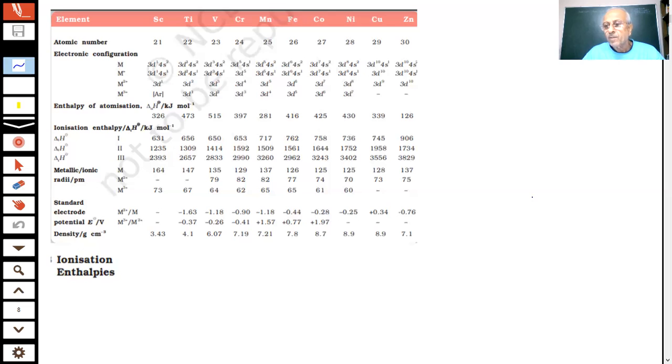When we move from 3d to 4d, there is an increase in size, which is expected because of the addition of new shells. But as soon as we go from the 4d to the 5d series, we find that there is a contraction in size. The size of the 5d series elements becomes almost equal to the size of the 4d series.